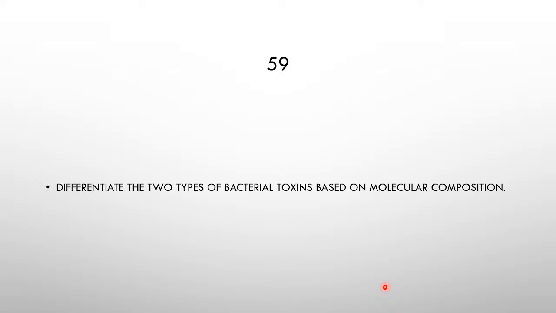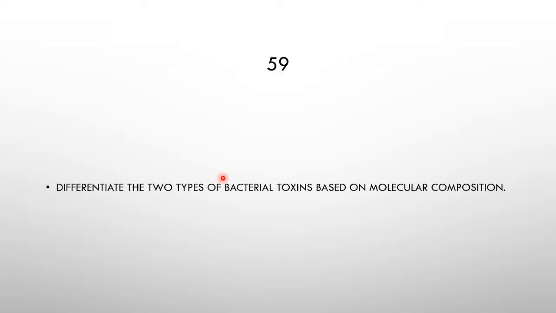Okay. Now, let's talk about differentiation of the types of bacterial toxins based on molecular composition. So obviously an exotoxin is released, and the only way it can become toxic to the human body is in the protein form. Means to say that it doesn't require a carrier molecule.